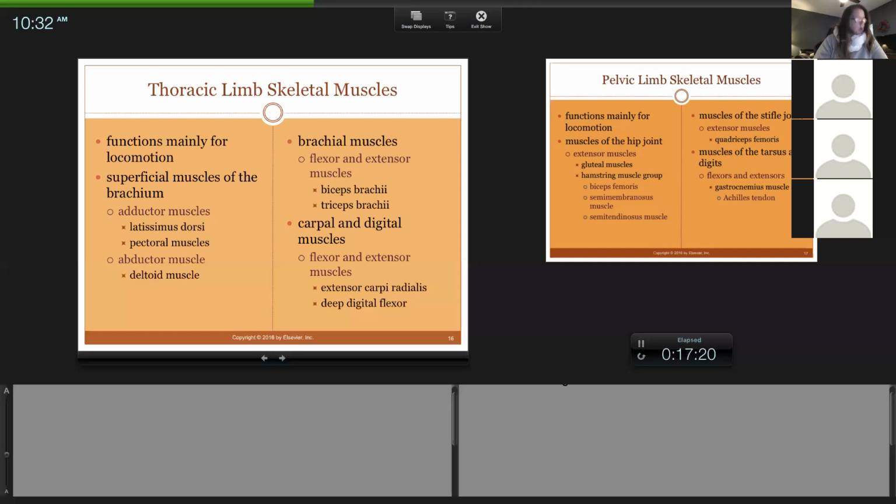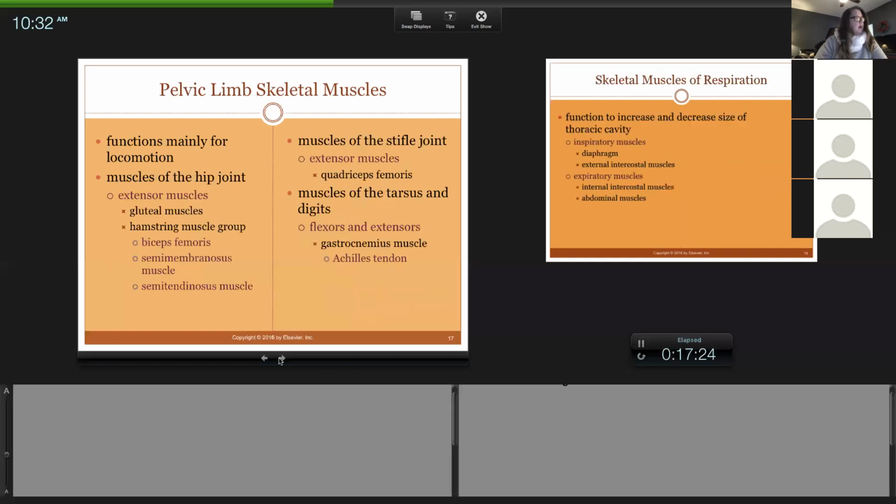Okay, and so we get into the hind limb. Now, there are some hind limb or pelvic limb muscles that are kind of important, especially when you get into injections. So I'm gonna work my way down. If we're going up from the hip down, okay, the gluteals, which would be your rump, we got our glutes back here, but they are extensors.